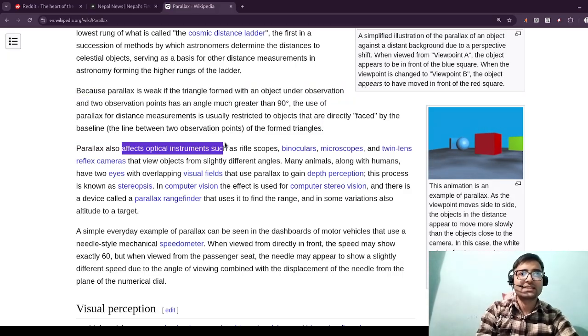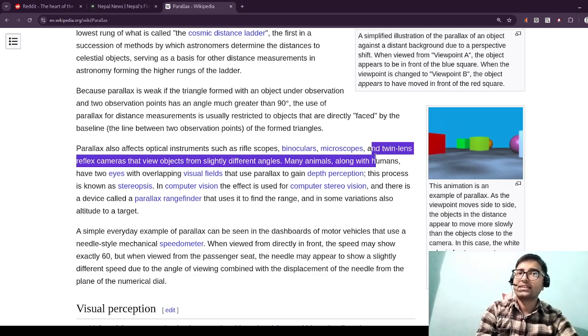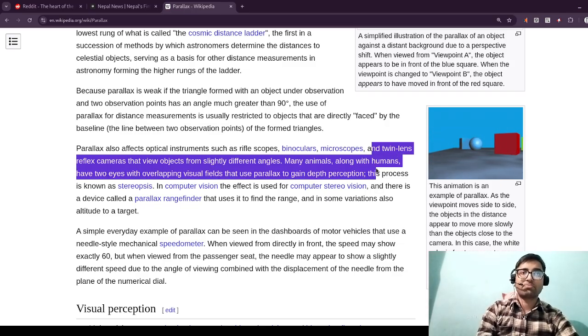Parallax also affects optical instruments such as rifle scopes, binoculars, microscopes, and twin-lens reflex cameras that view objects from a slightly different angle. Many animals, along with humans, have two eyes with overlapping visual fields that use parallax to gain depth perception.